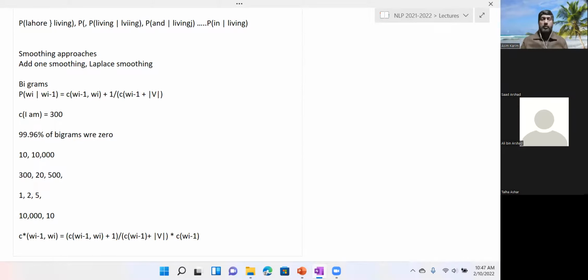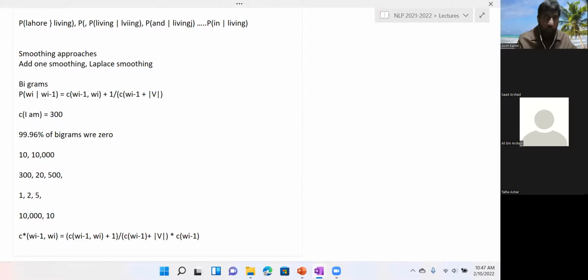This will give you the reconstituted count of this particular bigram, because you are now using the probability based on the add one smoothing and multiplying it, and you will get the new counts.